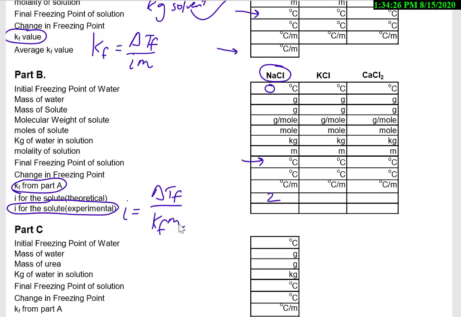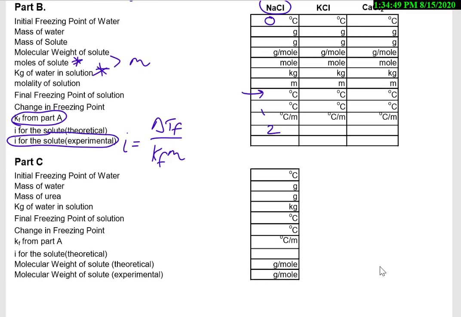And then you just have molality to find. Once again, molality is moles of solute over kilograms of water, or of solvent. So you can use these two to calculate your molality. Then you know all three values. You can plug them in and find i, and you'll do that for each of these three trials.